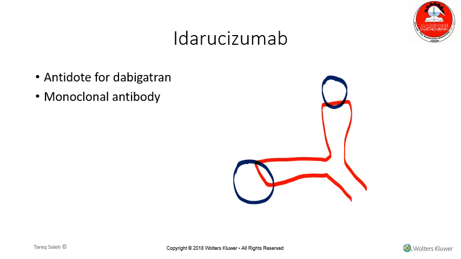Okay. Remember that as with any other drug, dabigatran has to exist in the free form in plasma in order to exert its effect. And if it's bound to idarucizumab, it loses its activity. And that's how the drug prevents bleeding that can be associated with this oral anticoagulant.